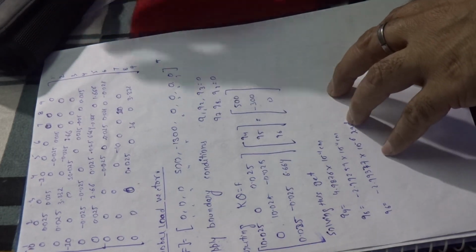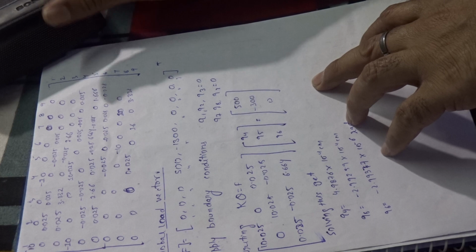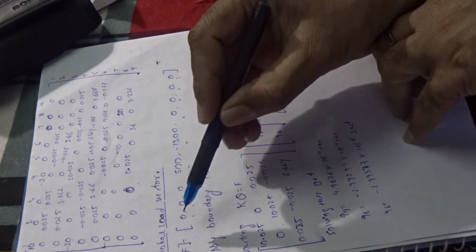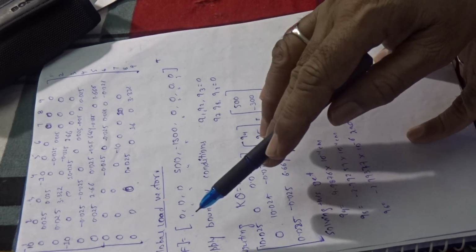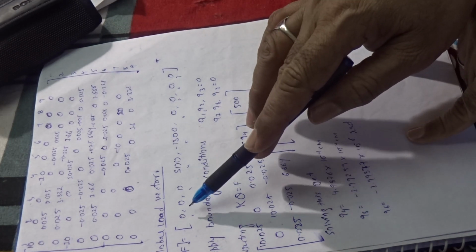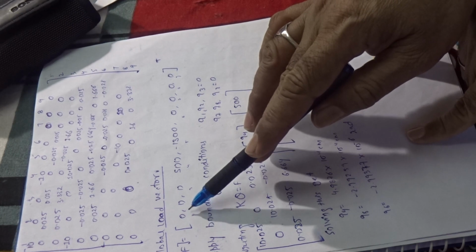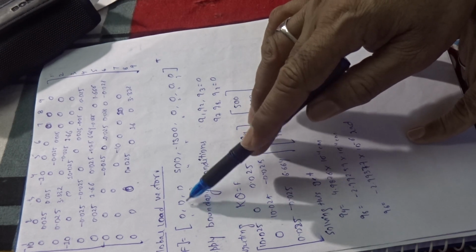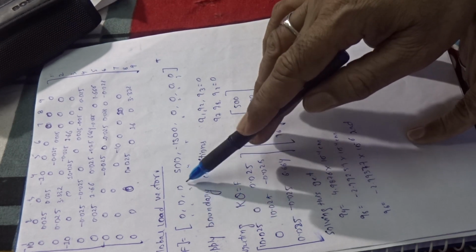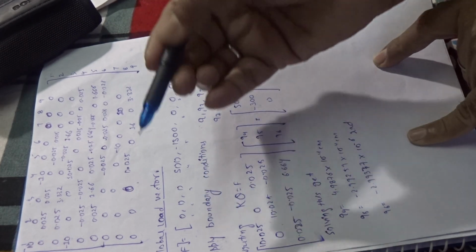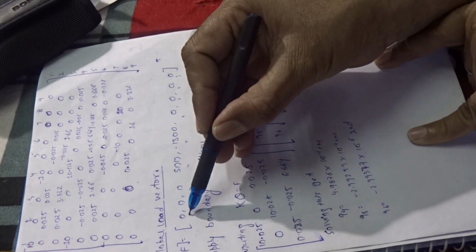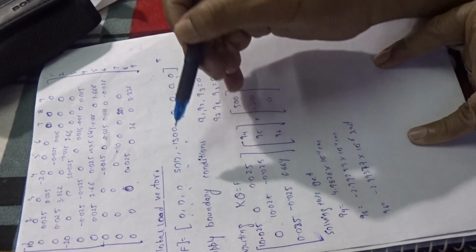So do not follow this one. Now the global load vector: at node 1 it should be the reactions, but when you apply the boundary conditions it becomes 0, so it should be reactions R1, R2 and M1.